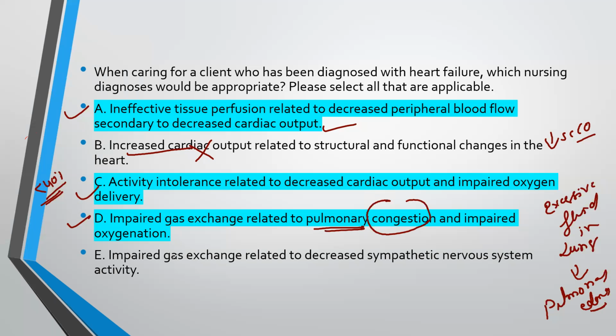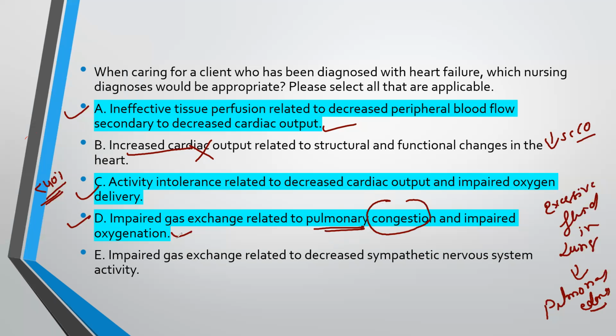So impaired oxygenation will be there when there is fluid retention or pulmonary congestion in the lungs, affecting gas exchange. So our A, C, and D options are the right options.